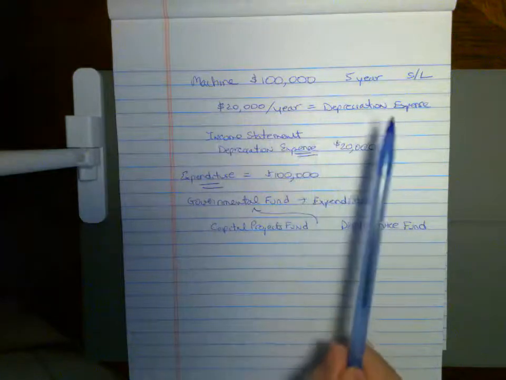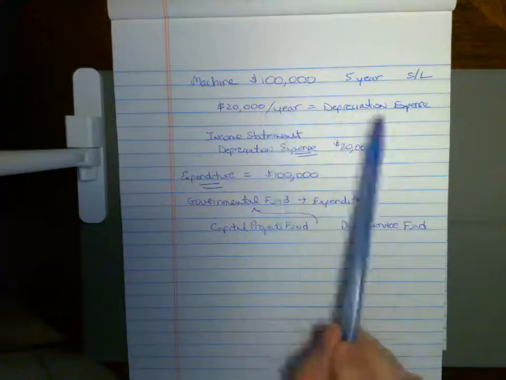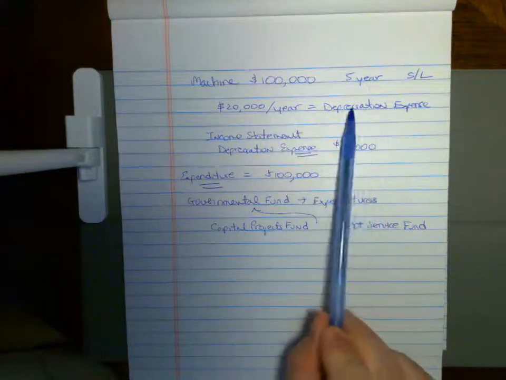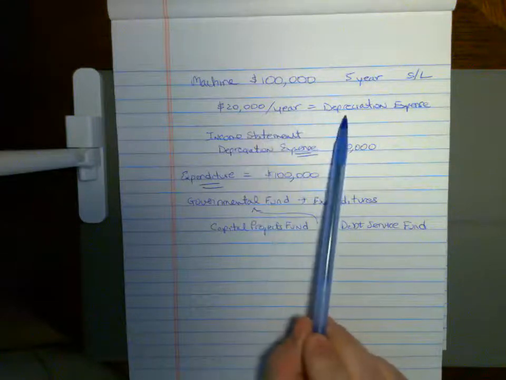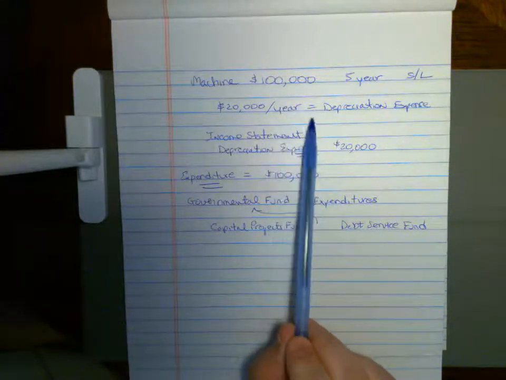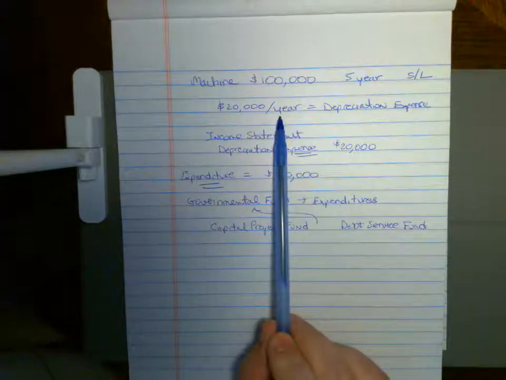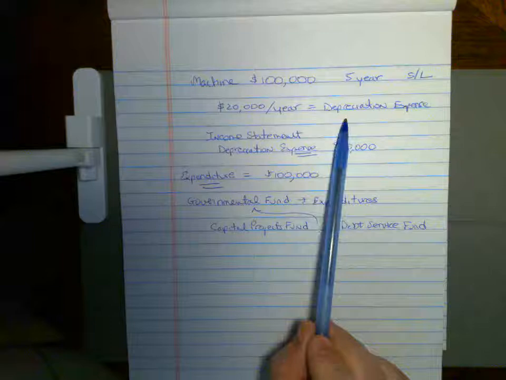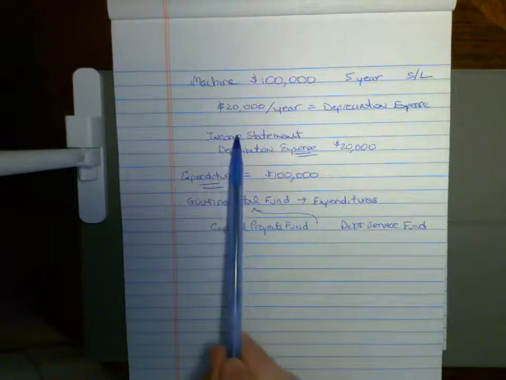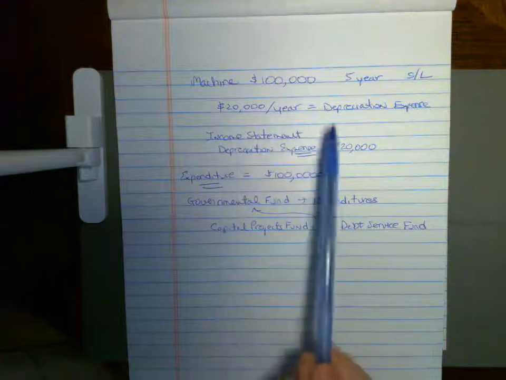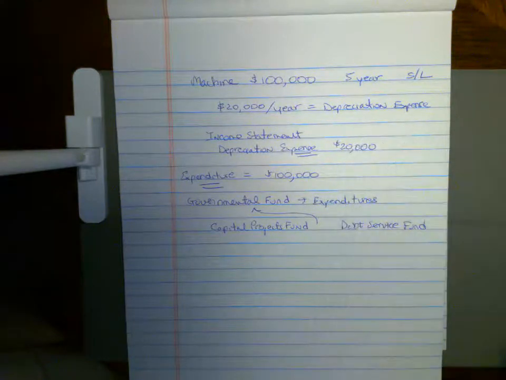It is also going to be true that the depreciation expense will be used, the full accrual accounting, for proprietary funds, which is your internal service funds and your enterprise funds. In those internal service funds, remember they relate to the internal customers. The enterprise funds, that's when your customers are external.